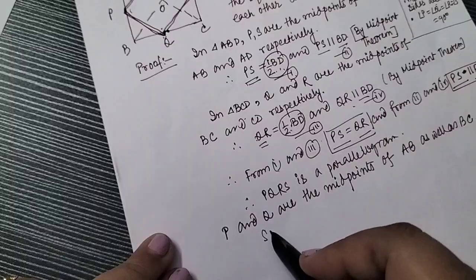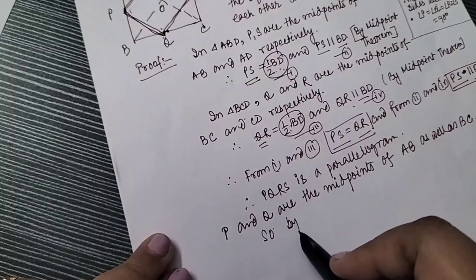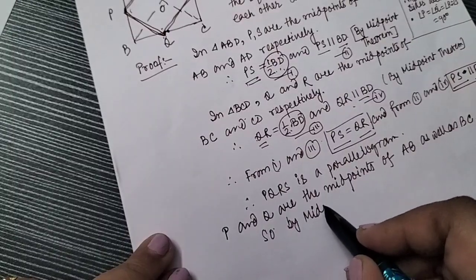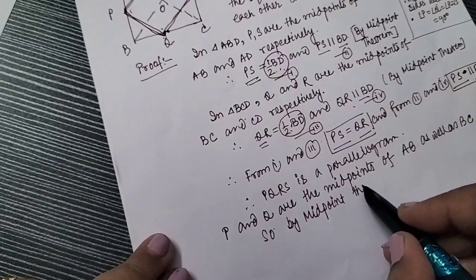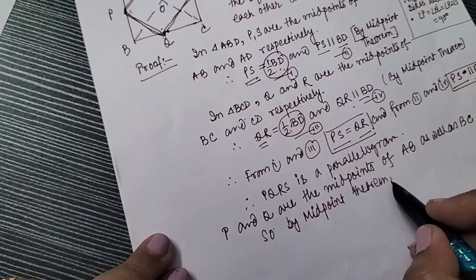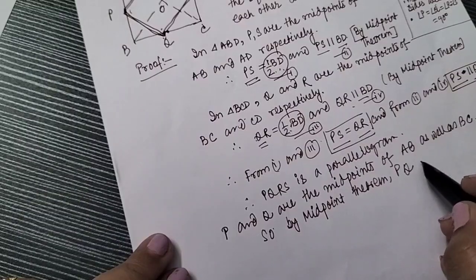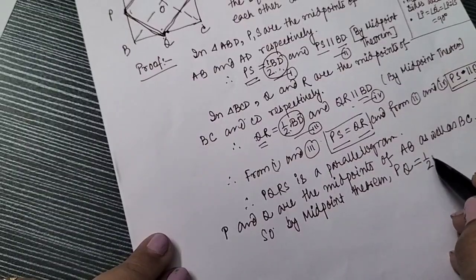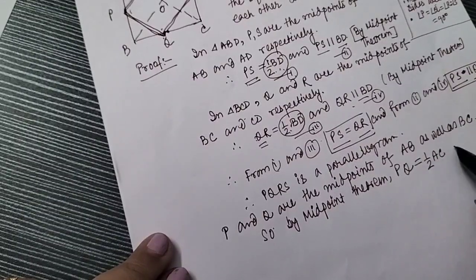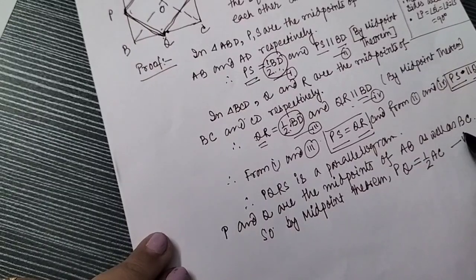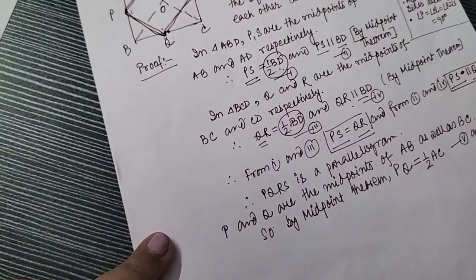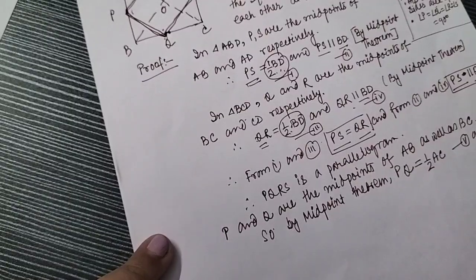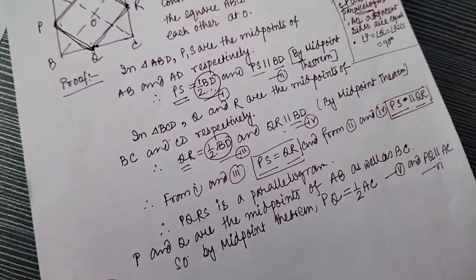So, by midpoint theorem, we can say PQ equals half of AC. Let's take it as equation number 5, and PQ is parallel to AC. Let's take it as equation number 6.